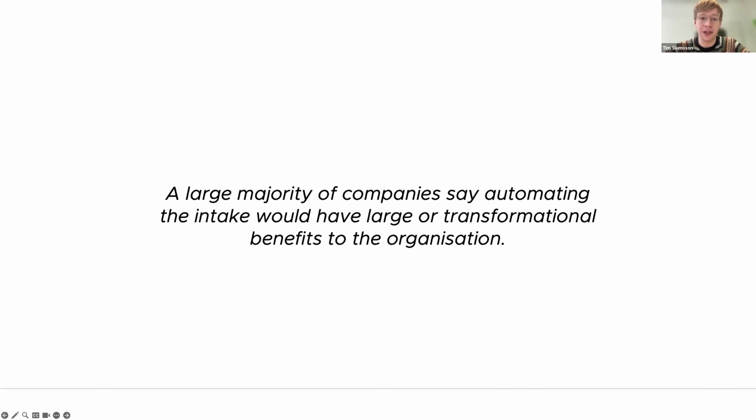Going back to the previous slides, it's very clear that there is a lot of interest and willingness to adapt to an automatic intake process, to not have to rely on these manual processes that are very much not fault-free and that hinder developers in a lot of ways.